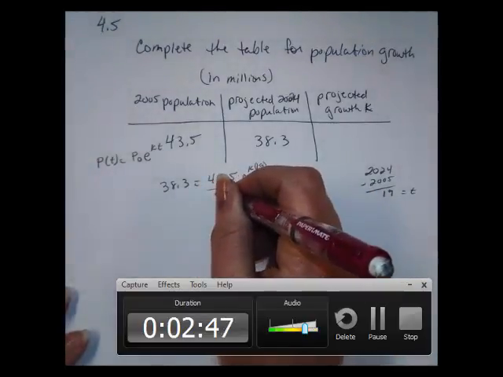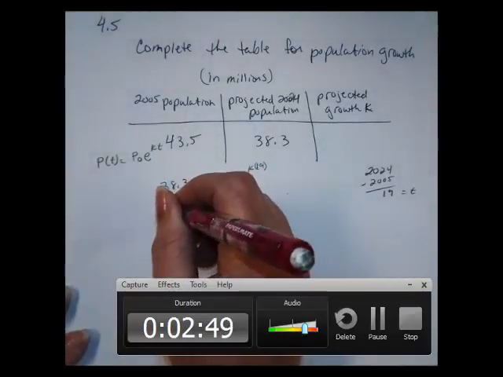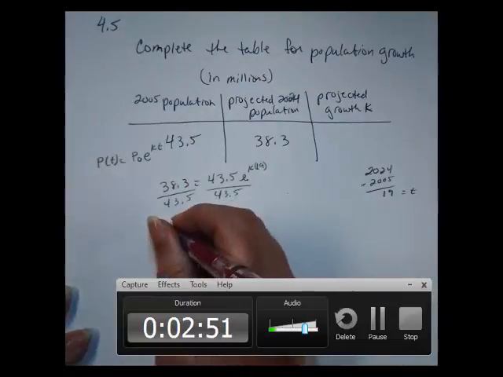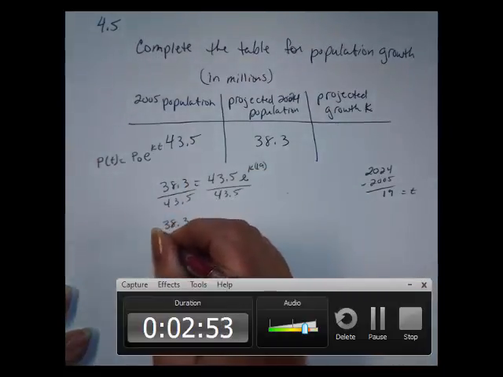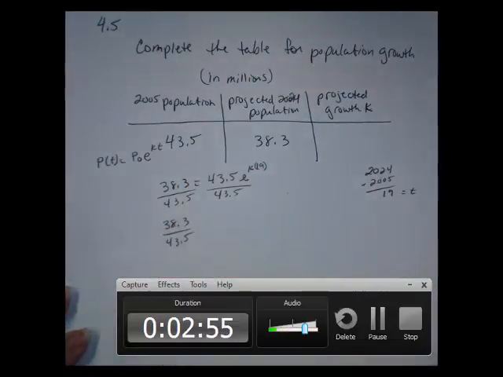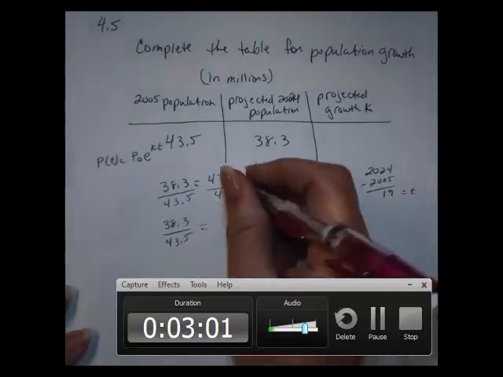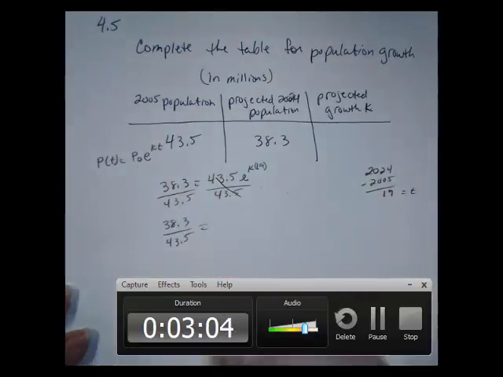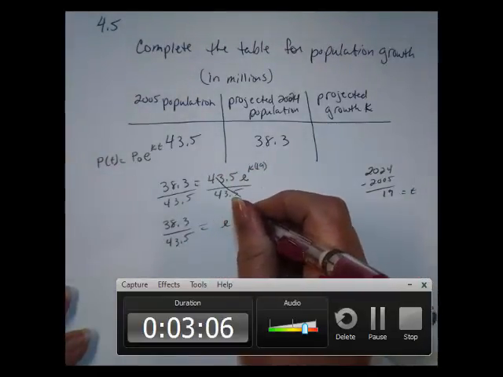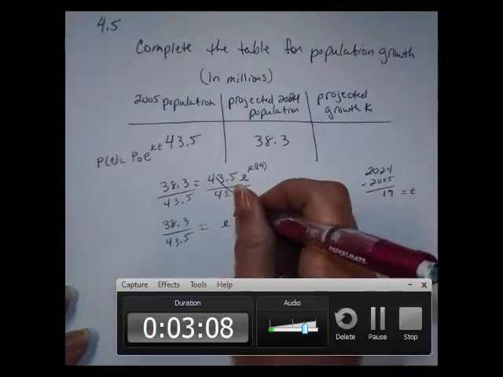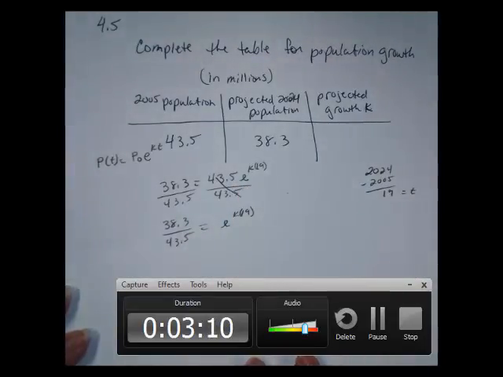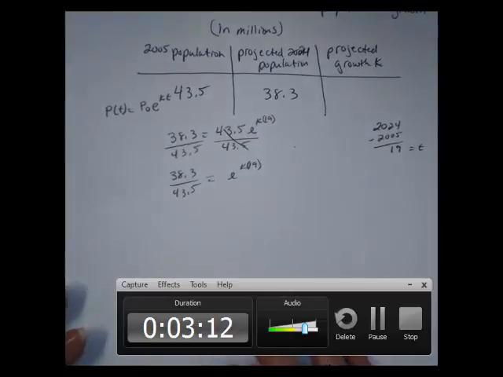We're going to divide by 43.5 on both sides. So that'll get us 38.3 over 43.5. Do not try to reduce that, just leave it alone. So it'll cancel over here, and that leaves us with e to the k times 19, or 19k.